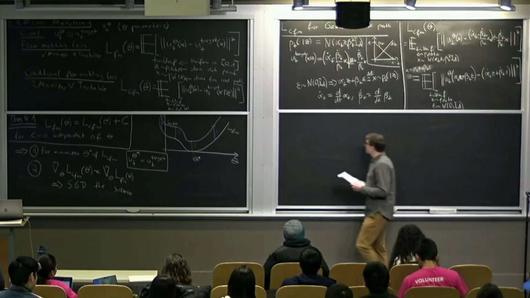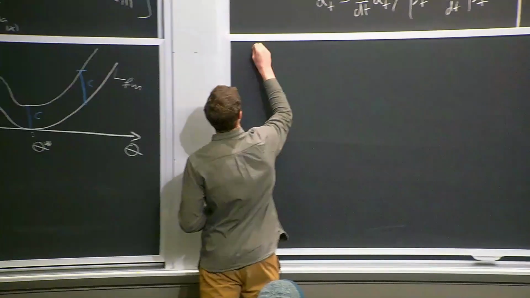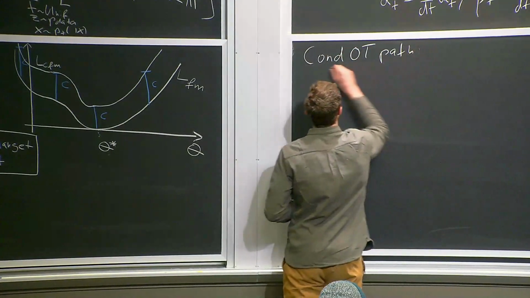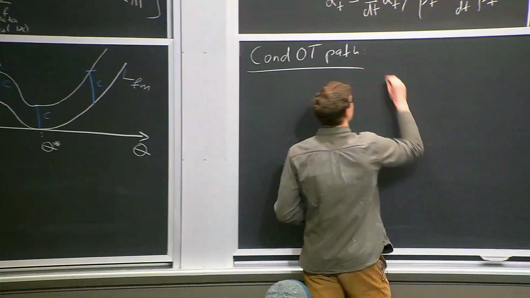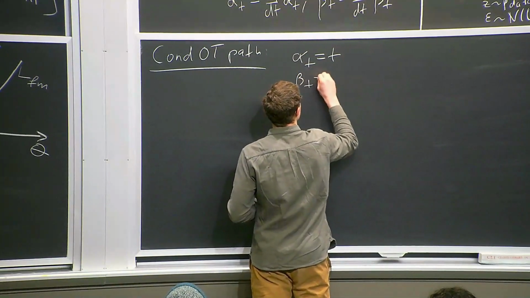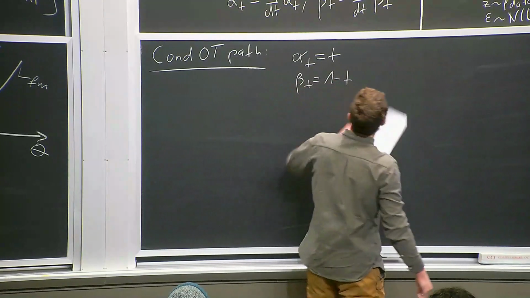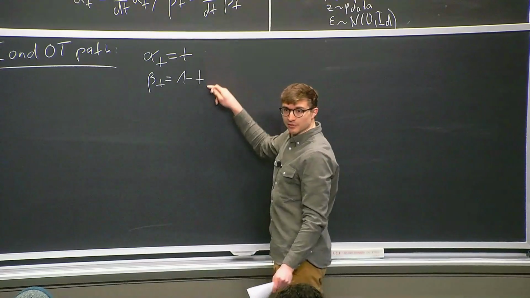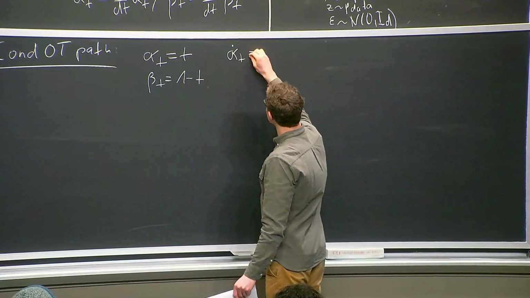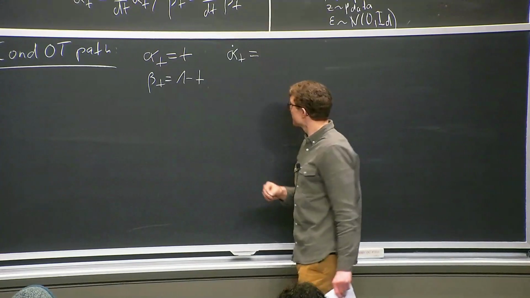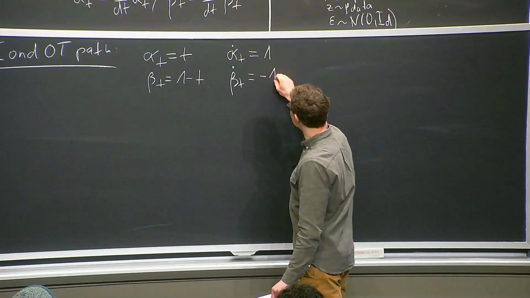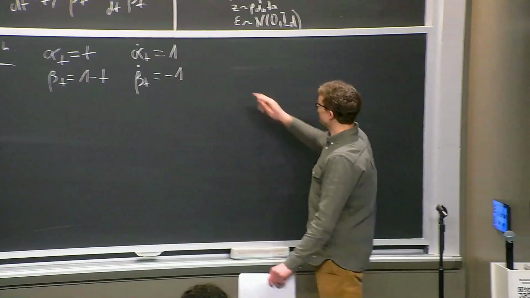And to make this even more concrete, let's choose a specific instance of alpha t and beta t. What's the simplest instance? Alpha t is t, beta t is 1 minus t. They only have to go from 0 to 1 and 1 to 0, and they fulfill this. So what's alpha t dot? 1. What's beta t dot? Minus 1. Okay? So I'm going to plug that in.